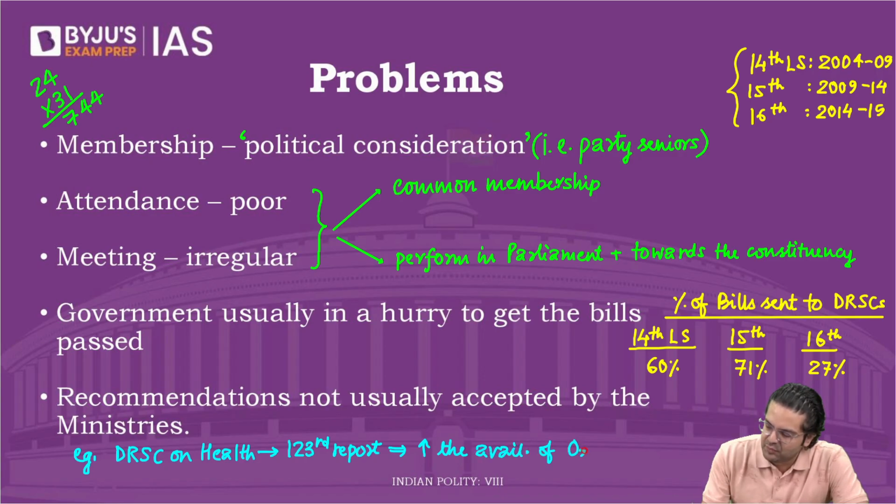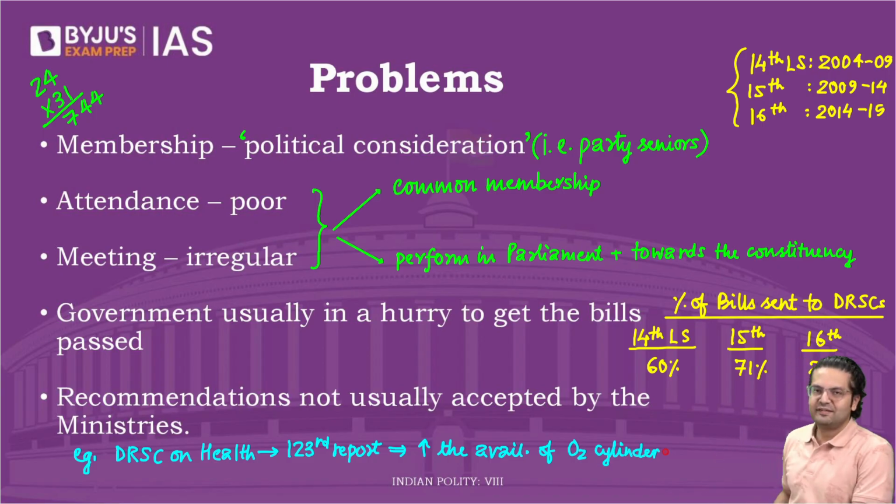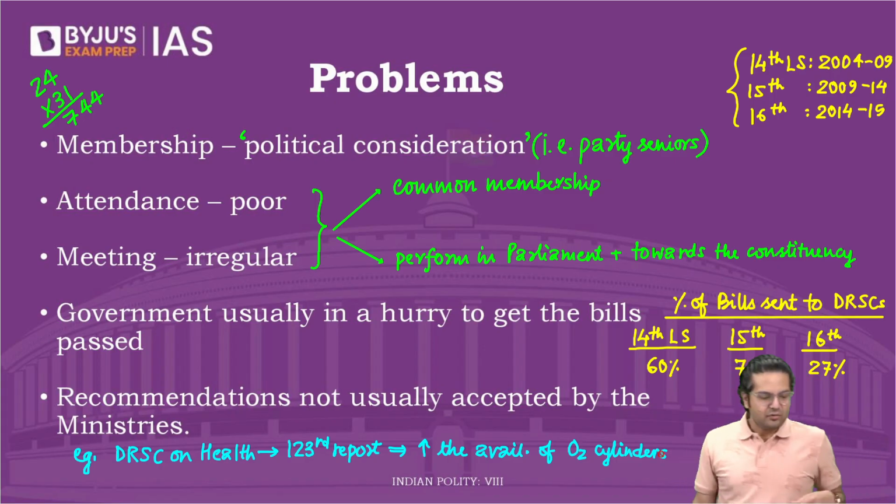It's very, very important. But sadly, our governments are too full of themselves, including people like you, the bureaucrats, who may not even look at the committee recommendations. What will the committees teach us? We know everything. That's there, sadly. So these are some of the problems.